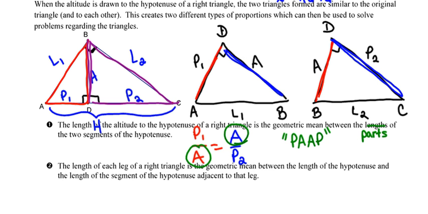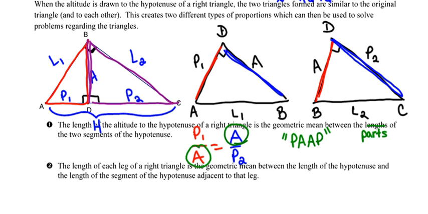The second proportion says that the length of each leg in that right triangle is going to be the geometric mean between the length of the hypotenuse and the length of the segment that is adjacent to that hypotenuse. This sounds a little bit more difficult than it really is.